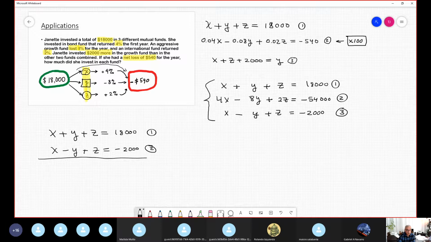Okay, ready for elimination. Equation 1 plus equation 3. Column by column. X plus x, 2x. Y minus y, 0. Plus 2z equal 18,000 minus 2,000 is 16,000.